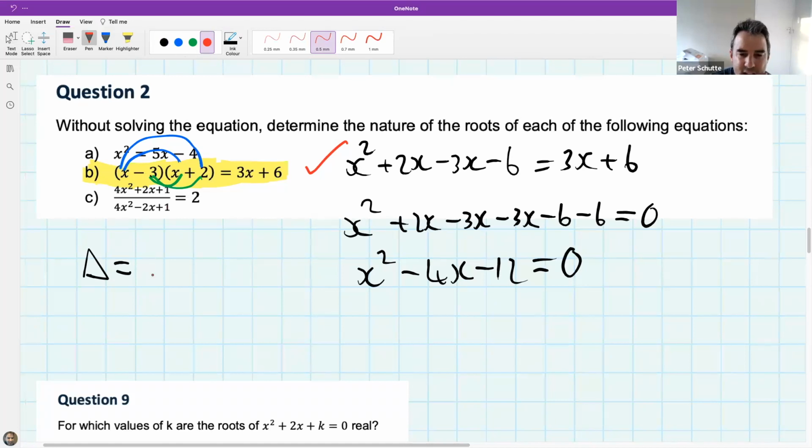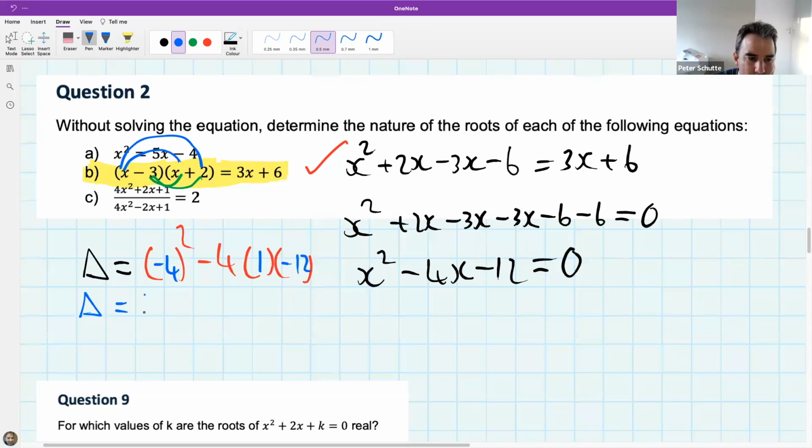So what are we getting for our delta value? That's what I want to know. I agree. Delta is 64. So what is the nature of the roots?